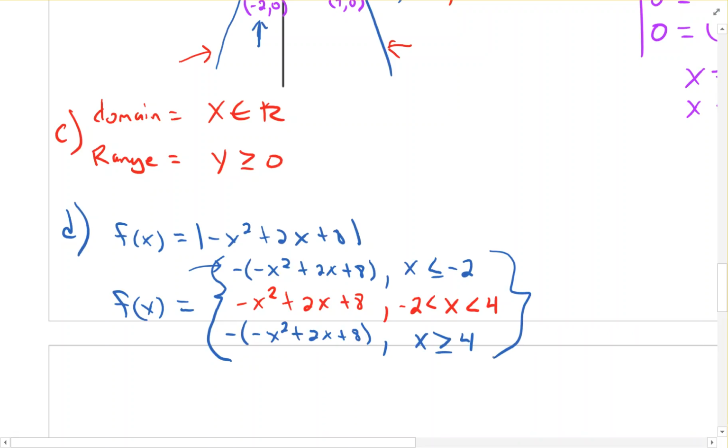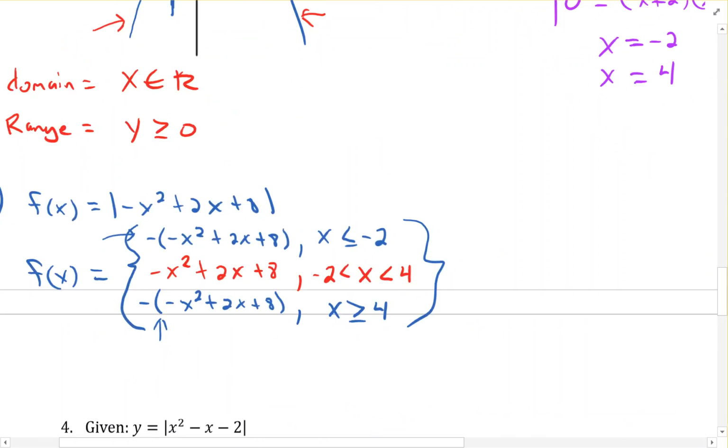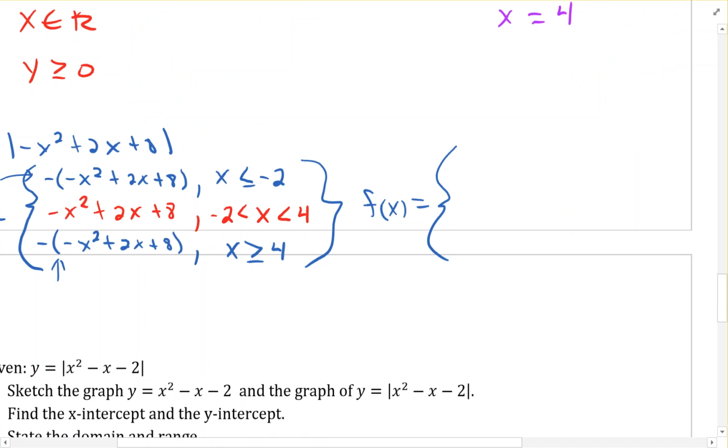And then close your bracket, and you're pretty much done, other than we don't really like it looking like that. So let's write it all again, but written a little differently. We'd say f of x is equal to, make your fancy bracket, and then distribute that negative into everything.